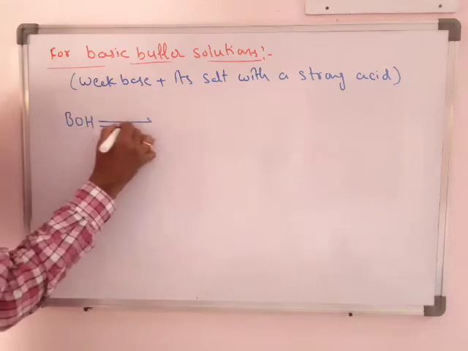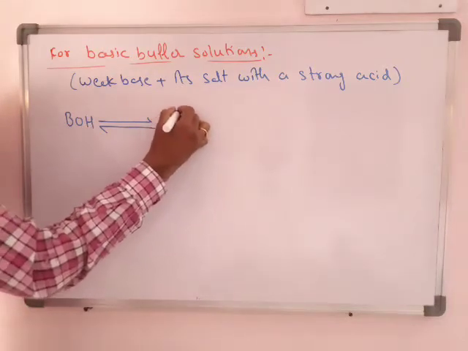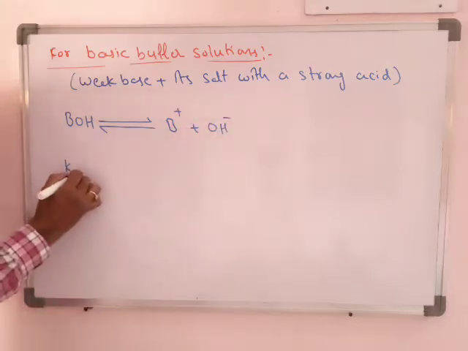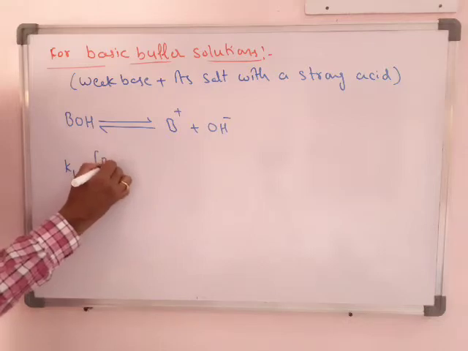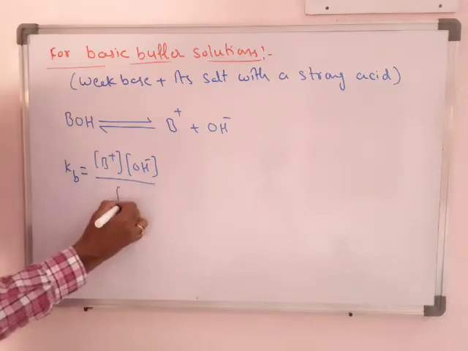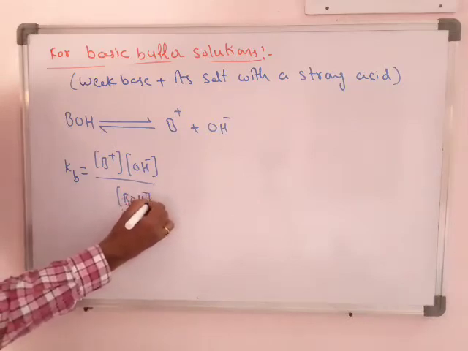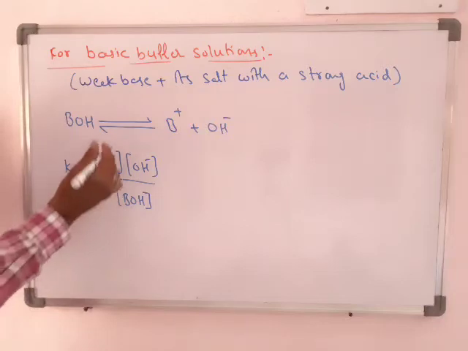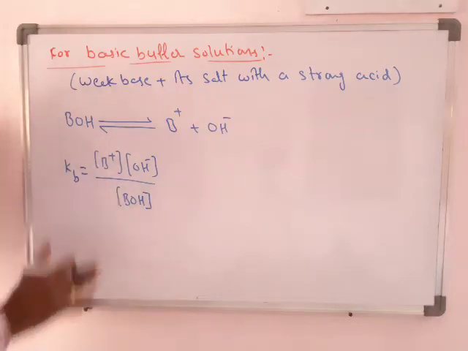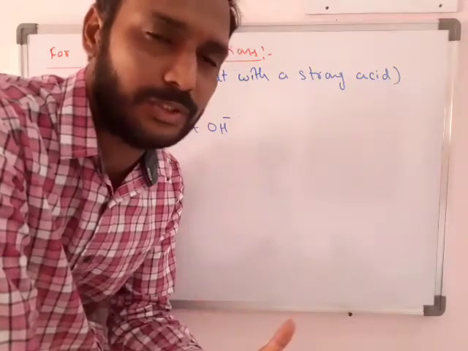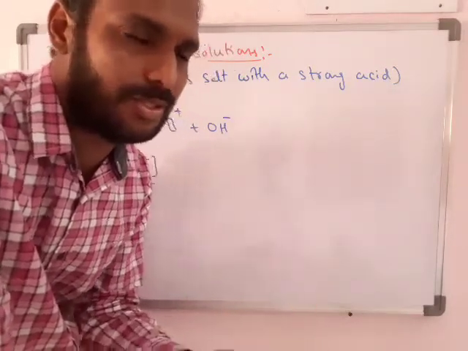So its dissociation: BOH gives B plus and OH minus, and the base dissociation constant Kb can be written as the product concentration by reactants. In the reactant we have the weak base. To know the pOH, actually we have to calculate the pH, but we know that for bases generally we calculate pOH, then we convert into pH.